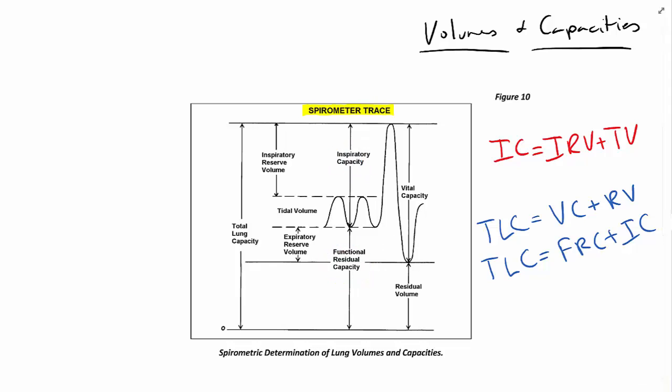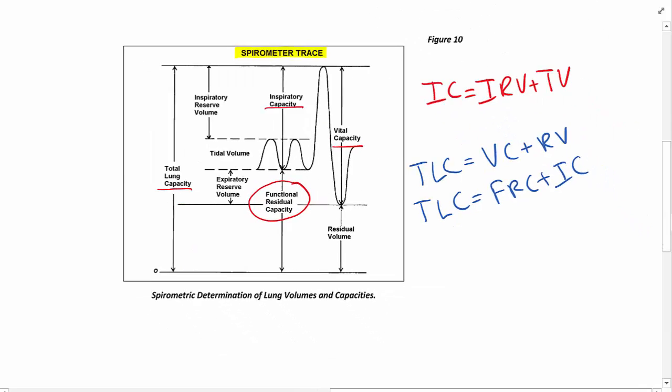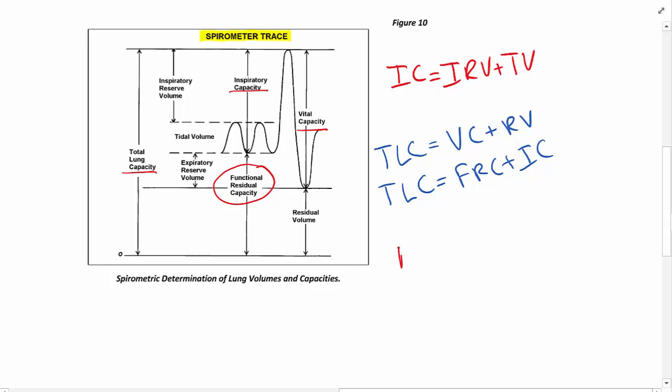Let's see the next capacity that we're going to go over. We did inspiratory capacity, we did total lung capacity, and we've already done vital capacity, so the last one that we're going to be doing is functional residual capacity. Now this is really important. Functional residual capacity, or FRC, is what we call something that we breathe from.